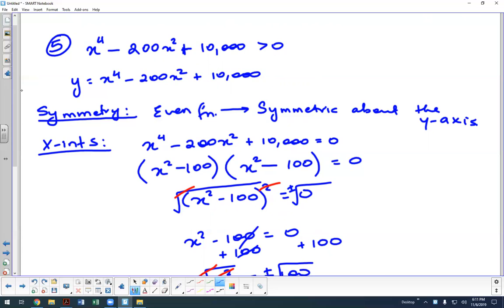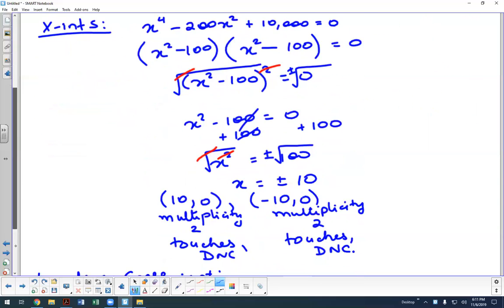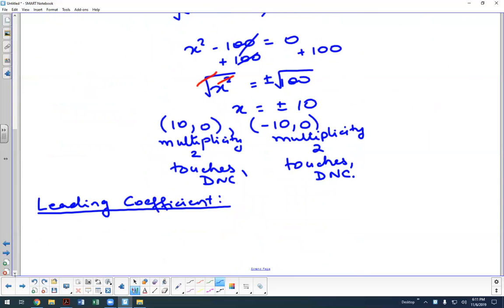Leading coefficient is coming from the x to the 4th, right? So that 4th power, is that an odd number or even number? Even. And is it positive or negative coefficient? Positive, because that's a positive 1, and that's an even number.